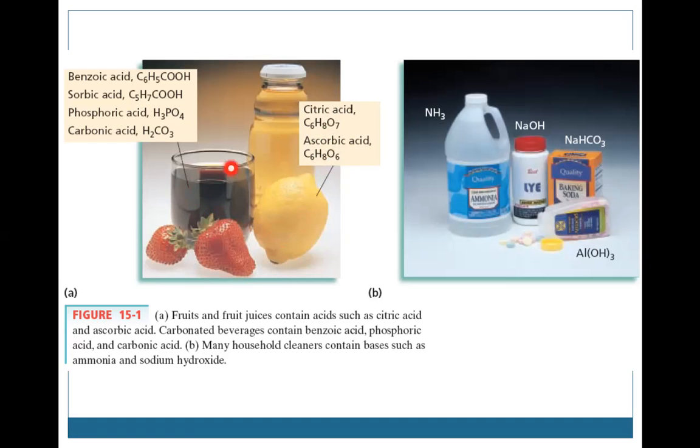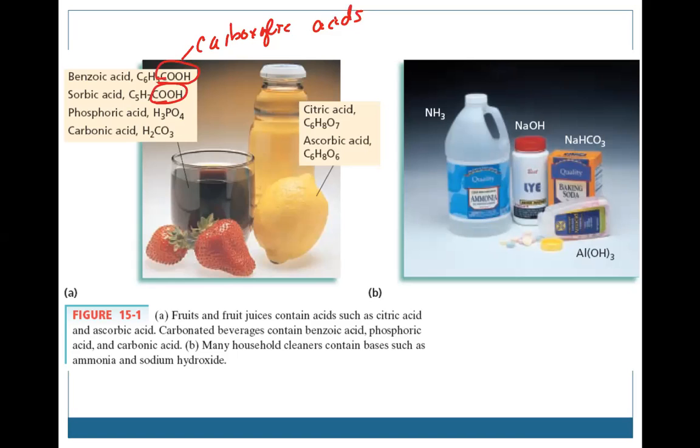Coffee, or is it a carbonated beverage? Maybe that's Coke. Oh yeah, carbonic acid. So that's Coca-Cola or Pepsi, whatever. Look at all of the acids that it contains. Benzoic acid. In organic chemistry, when you see COOH, those are carboxylic acids.